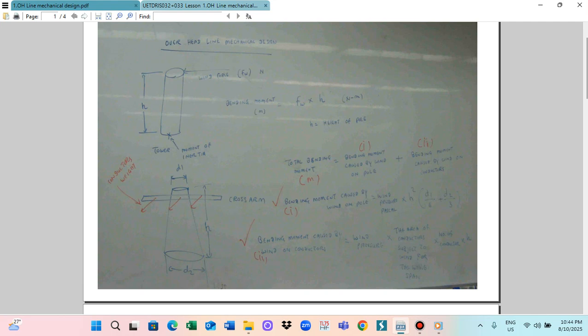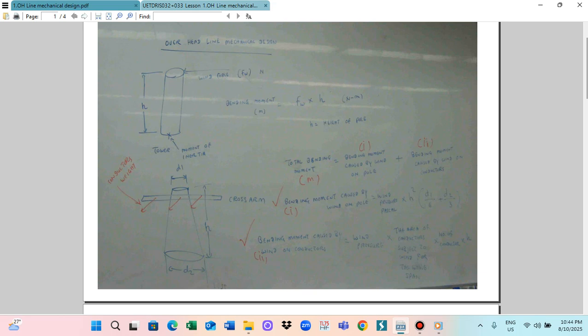The unit will be the Newton. The wind force is the force here. When the force is put on this tower, and this is the moment of inertia, this tower will be rotating. So we can calculate the bending moment.